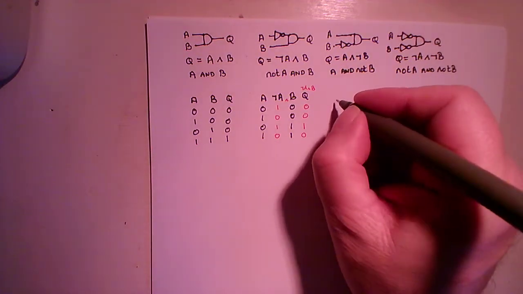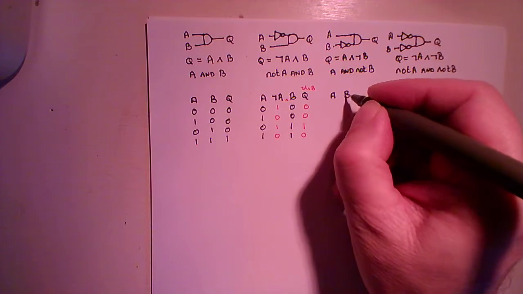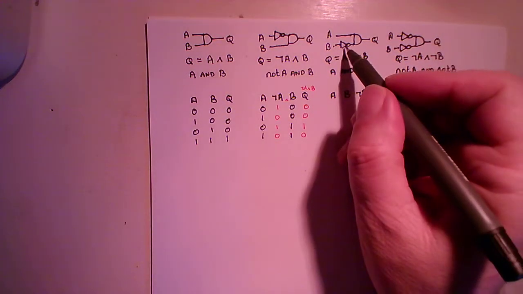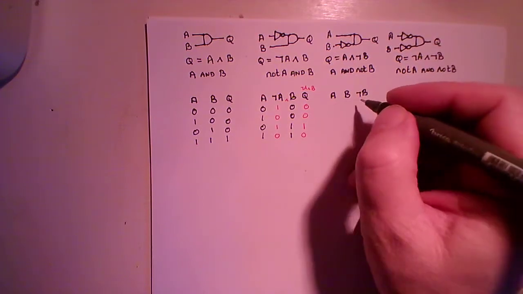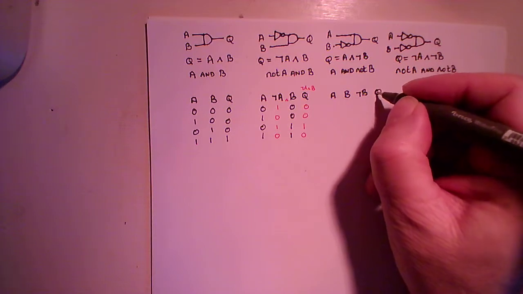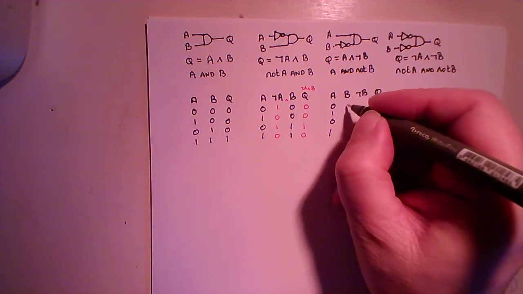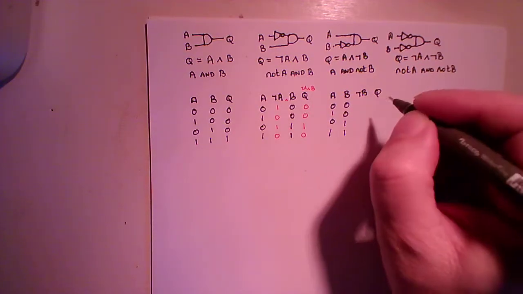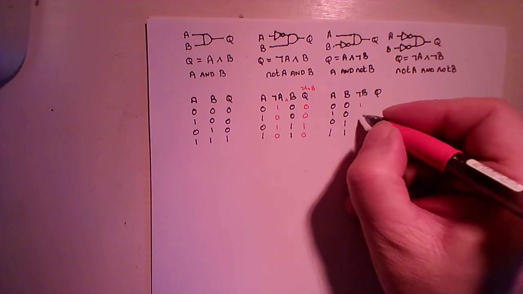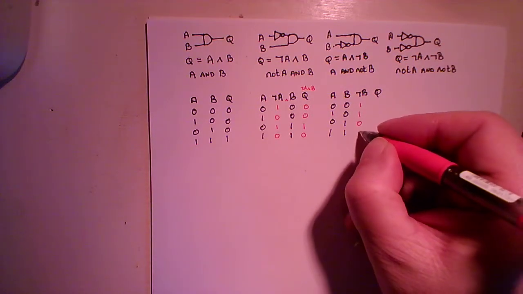So this one was A, B, and I'm going to do the same thing. I'm just going to write a little NOT B there to manage that one. So I'm going to invert it to make the work easy for me. And finally a Q. So I'm going to write down my A's, 0, 1, 0, 1. B's, 0, 0, 1, 1. NOT B, so that's going to be 1, 1, 0, 0.